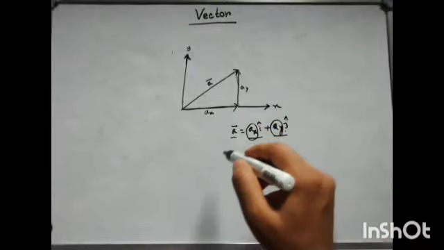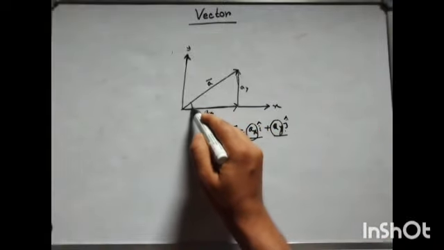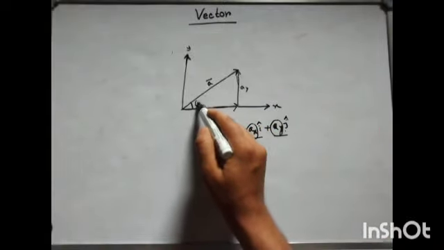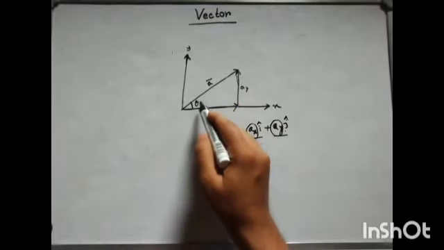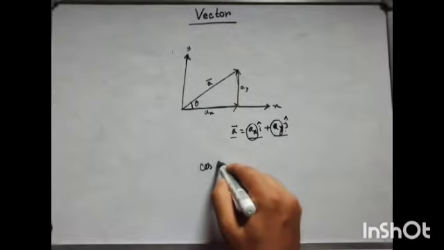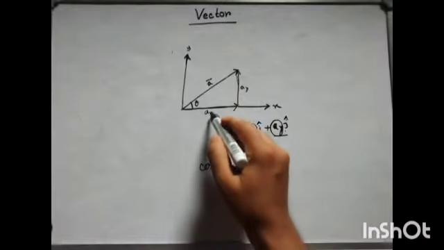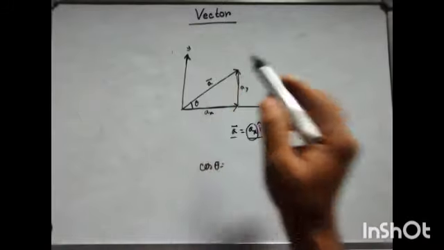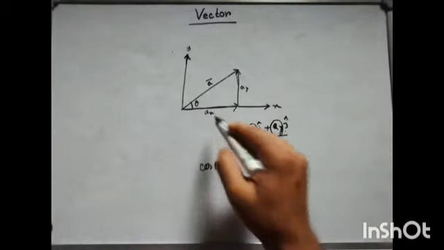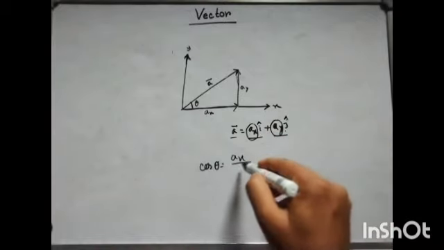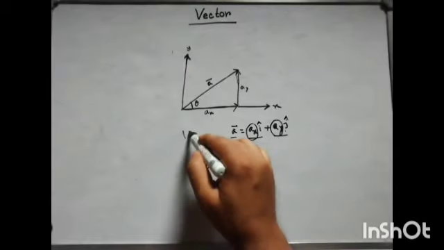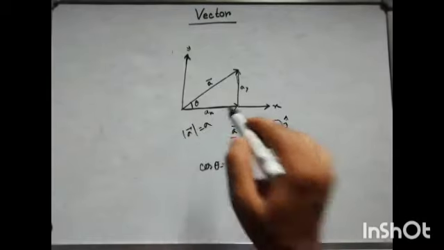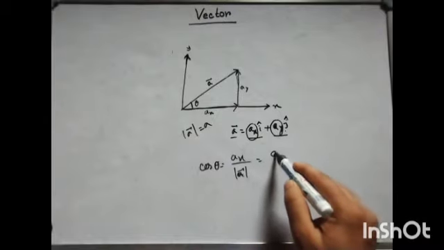Okay, what will be ax? Suppose this value is theta. So then cos theta means base by hypotenuse. So that will be ax by magnitude of a vector. Suppose magnitude of a vector is a, then it will be ax by a.